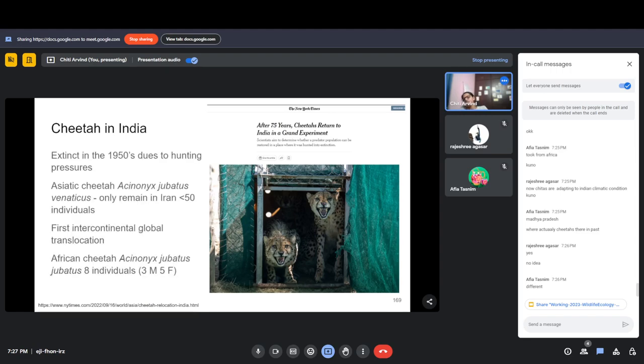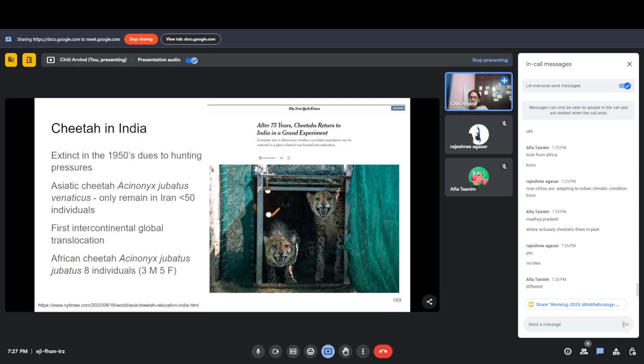So in India, cheetahs have been extinct since the 1950s due to hunting pressures, and there are two types of cheetahs that are present in the world. One is the Asiatic cheetah, which is Acinonyx jubatus venaticus, and the other one is the African cheetah, which is a different subspecies, right?